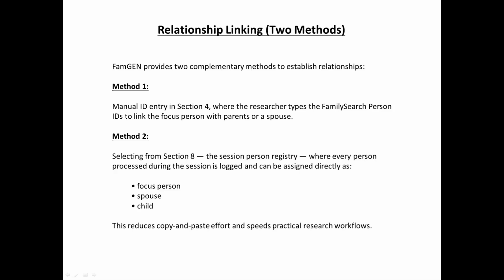Method 2, selection from section 8, the session person registry, where every person processed during the session is logged and can be assigned directly as focus person, spouse, and child. This reduces copy and paste effort and speeds practical research workflows.